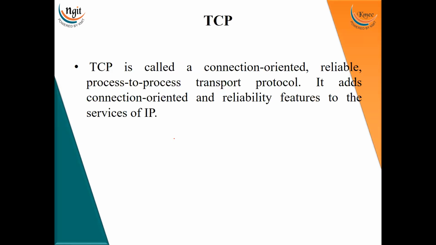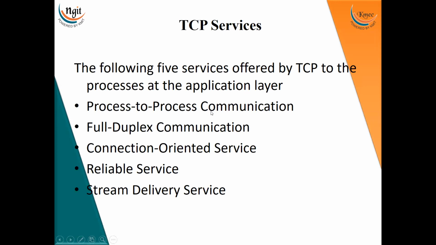TCP is a connection-oriented, reliable process-to-process transfer protocol. That means it adds connection-oriented and reliable features to the services of IP. Whenever you're learning about the services of TCP, we should learn about the five services of TCP.